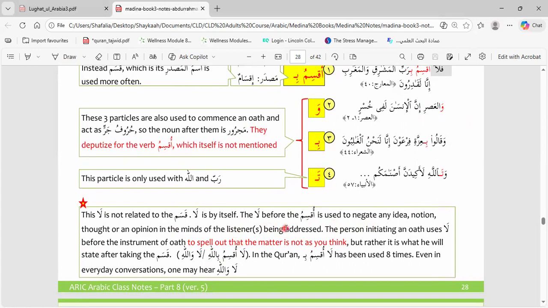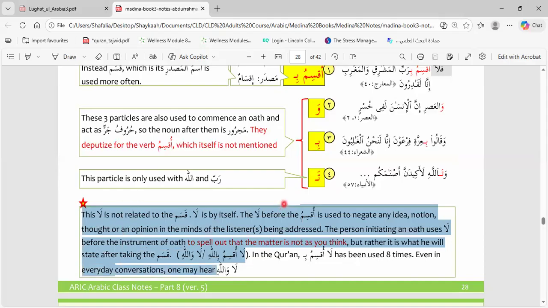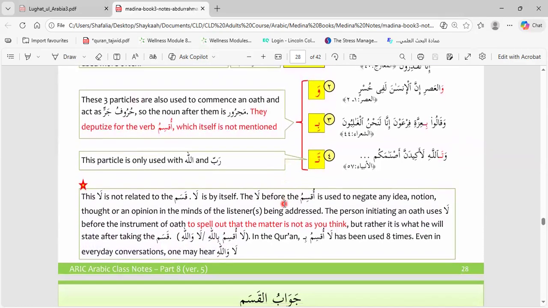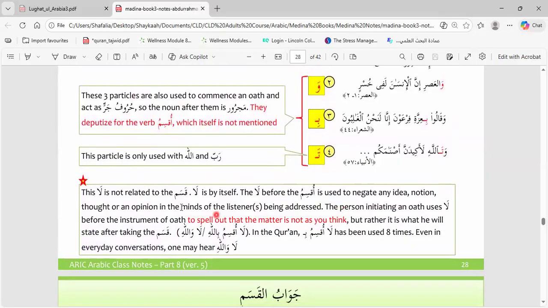The la before the qasam: if the la does appear before the qasam, like we saw in the first one, fala, it is used to negate an idea, notion, thought, or opinion in the minds of the listeners being addressed. The person initiating an oath uses la before the instrument of an oath to spell out that the matter is not as you think, but rather it is what we will state after taking the qasam.